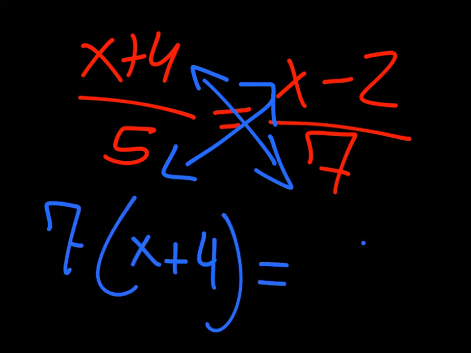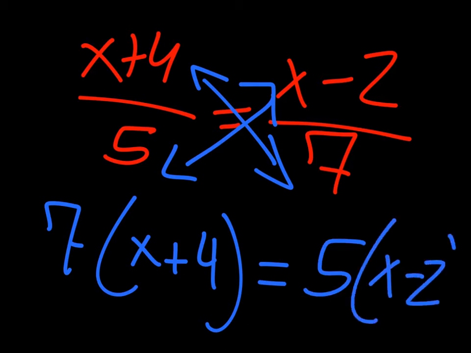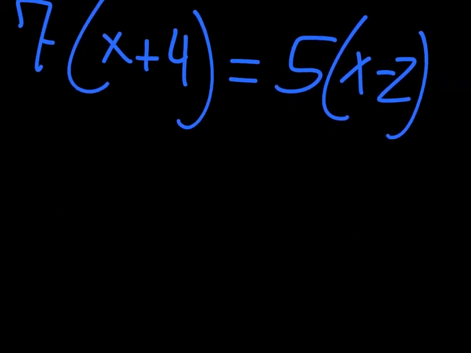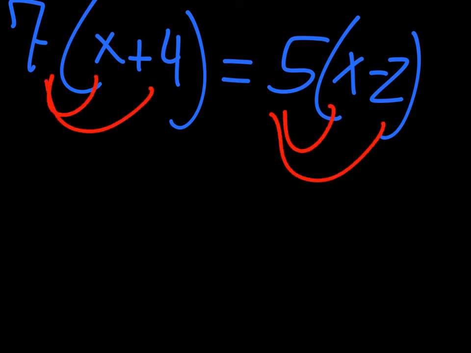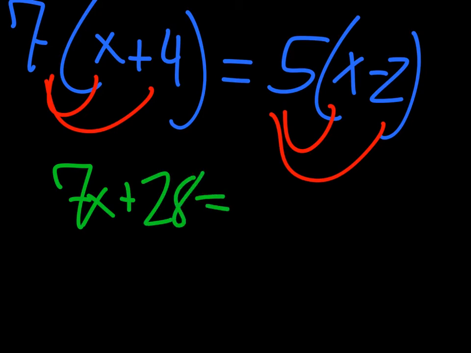And distribution is key. So 7 times x and 7 times 4, then 5 times x minus, times 5 times negative 2. 7 times x gives us 7x, times 4 gives us 28, equaling 5 times x gives us 5x minus 10.